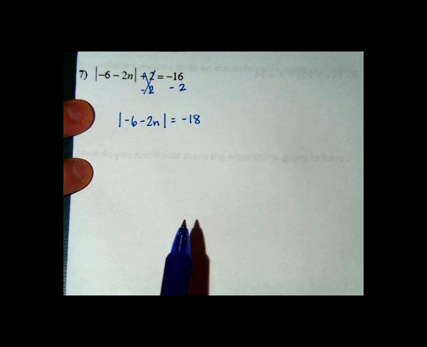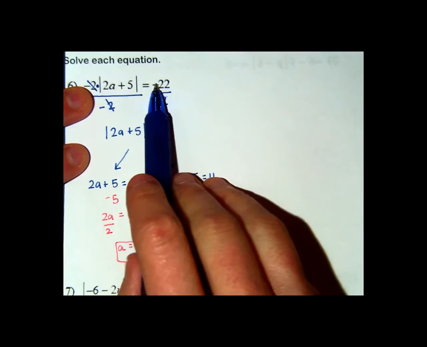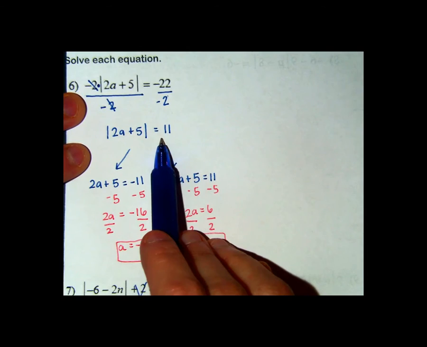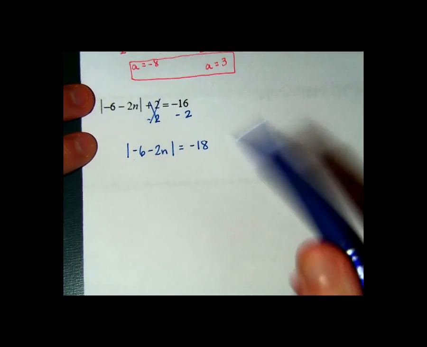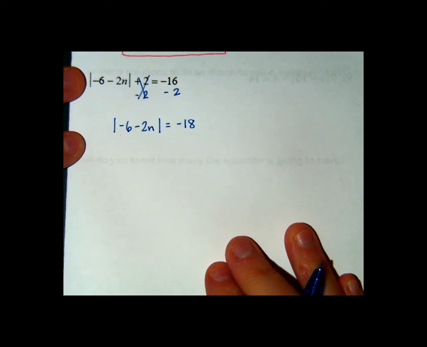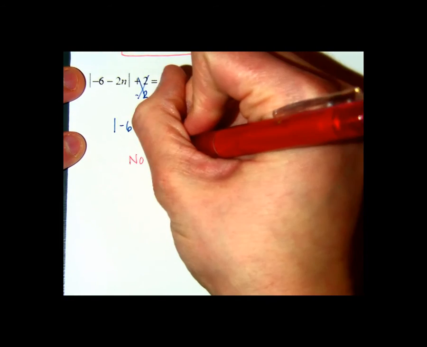There's no number that the absolute value of is negative. We did have a negative here, but when we got to the absolute value by itself, we had a positive. So this one was fine. This one is not, because when I have the absolute value by itself, it equals negative, which is not possible. Since it is not possible, my answer is no solution.